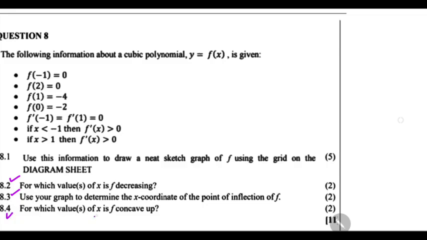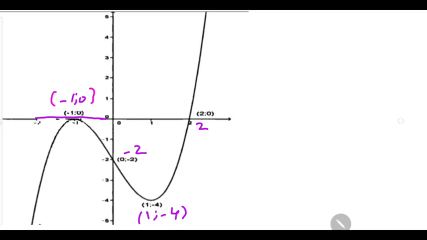8.4, for which values of x is f concave up? So now he says, where is the graph concave up? My point of inflection, earlier we found x equal to 0, is here. Now we need to see where the graph is concave up. The graph is concave down till the point of inflection, and from here the graph is concave up.